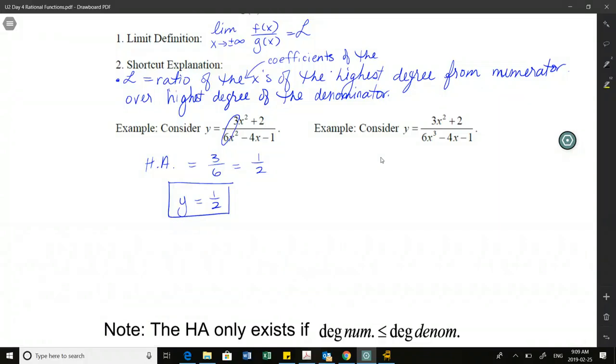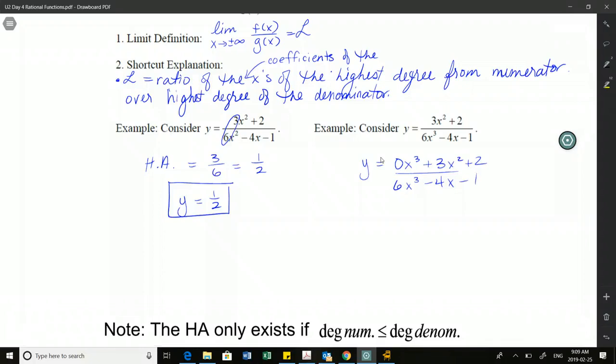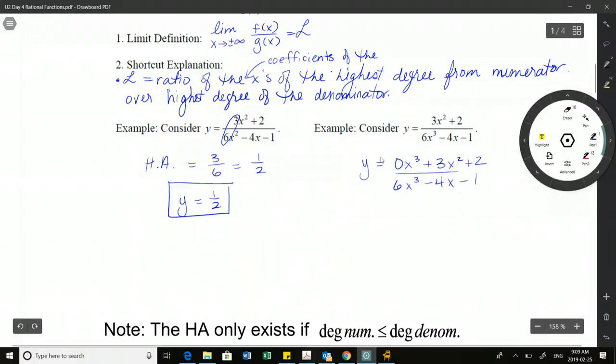Now the second one is a little bit different. Where is the highest degree that you see out of the numerator and the denominator? Zainab? X cubed. Okay, so what we might do is rewrite this so that we actually have an x cubed on the top. But our x cubed on the top is going to be 0x cubed because we don't see it. We need those degrees to match, so if that degree is not there, then it's 0x cubed or whatever the highest part is.